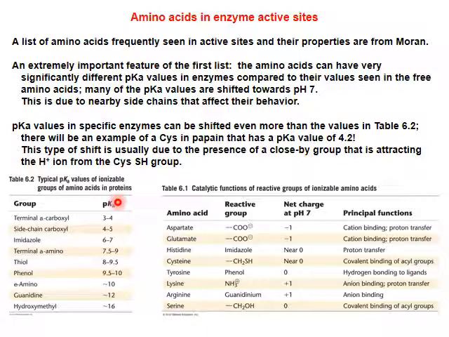So in an enzyme active site, we just have to consider those side chains that have an ionizable group. And in free amino acids, those groups have an amino group that's protonated and a carboxylic acid group that's deprotonated at pH 7. But in an active site, these alpha amino groups and alpha carboxylic acid groups are involved in peptide bonds.